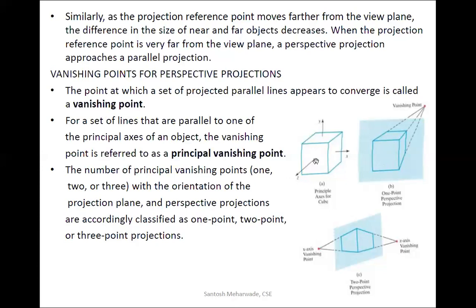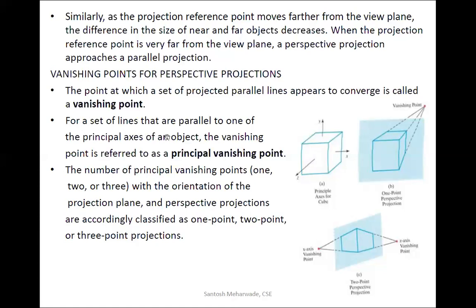Whenever its projection falls on this particular view plane, from this particular edge, one point, this point and this point, all these projections are meeting at a point. That point we call a vanishing point. So here we are going to see normally the complete front face of the cube.